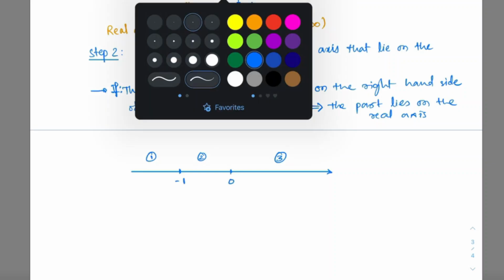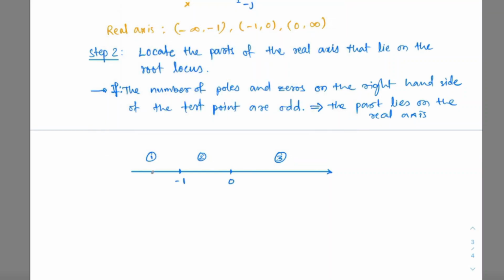So if we consider a test point here, say ST1, on the right of it the total number of poles and zeros is 2, this one and this. So which is 2 poles and zeros on the right, which is even.